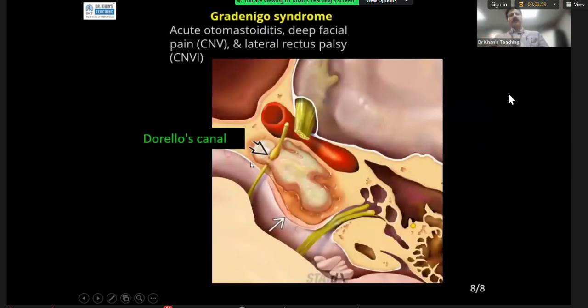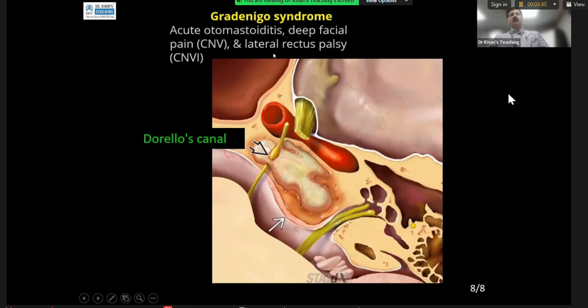This is the anatomy, and this is the canal, Dorello's canal, for the 6th nerve. The 6th nerve can be involved, and the other nerves which go into the cavernous sinus can be involved.